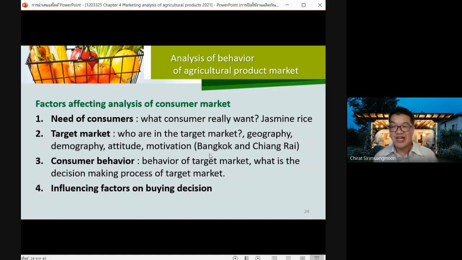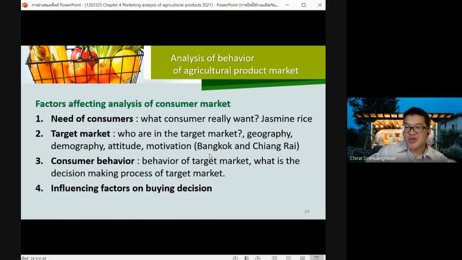Then it must be exported from Thailand only. So if you know this concept or this information, you're going to know who is actually the real consumer. So in this case, the real consumer for jasmine rice is going to be the middle level or higher level consumers who like consuming jasmine rice.